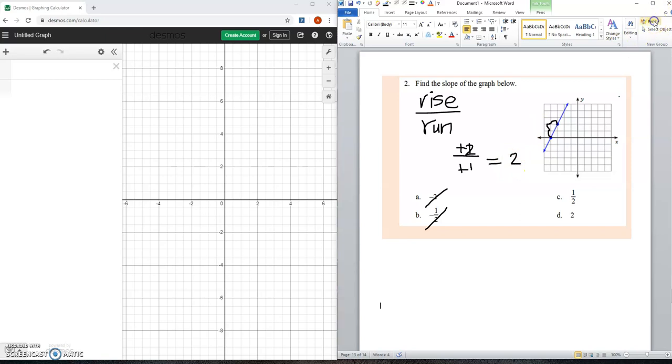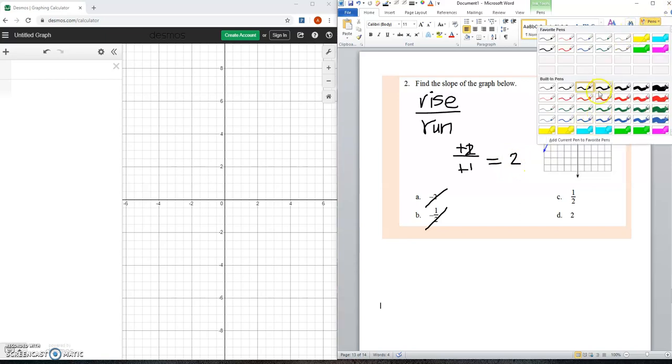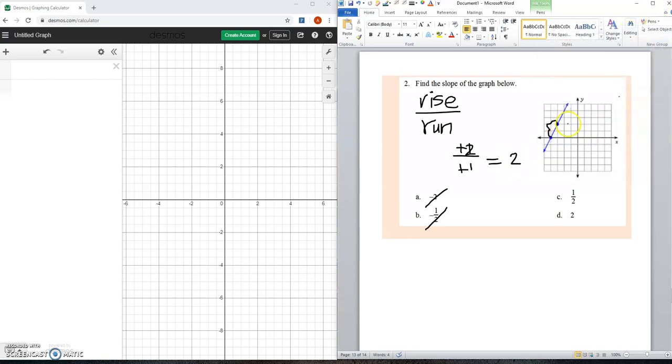So now let's go ahead and check it out. What's going to happen is if I'm coming from this point, my rise is down, and that's a -2. And my run is to the left, and that is also a negative. It's a -1. You know that negative over negative is a positive. So again, your answer is letter D.